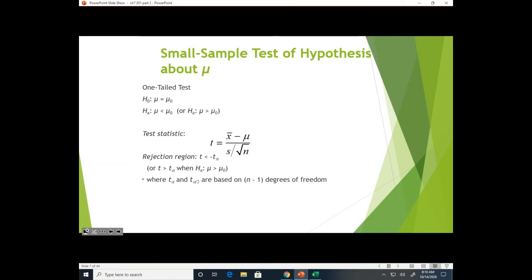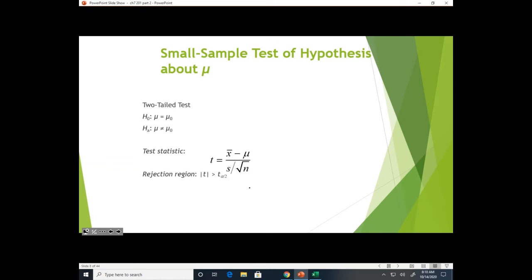Using the student's t-distribution, we have to take into account the sample size, so we use n-1 degrees of freedom. n-1 because we're trying to estimate one variable, so we have to compensate for that.